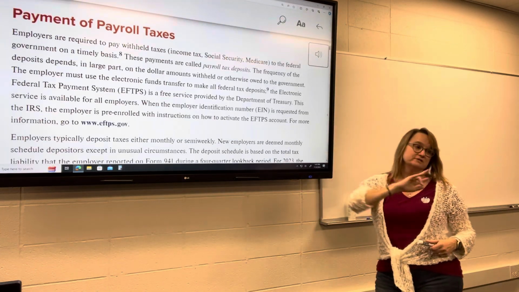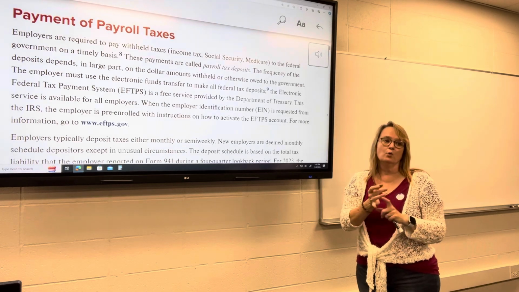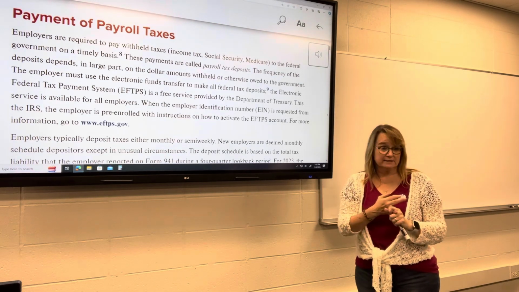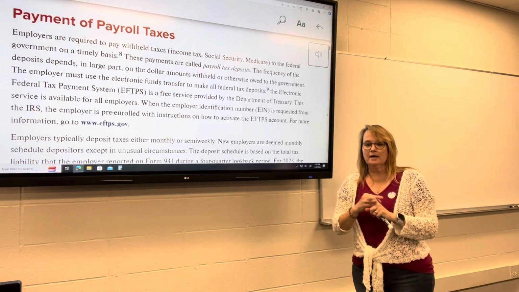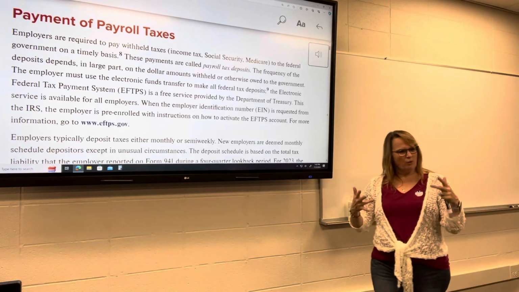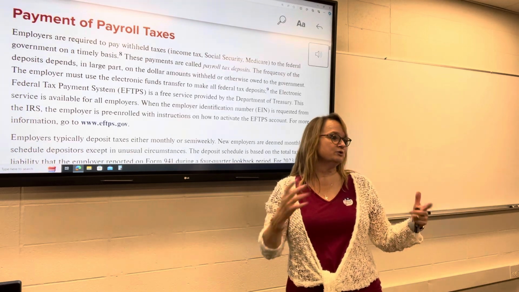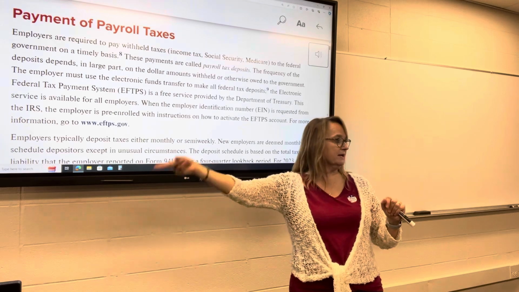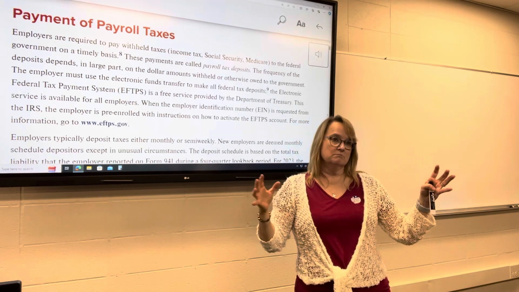So there are two different schedules that we need to talk about here, because there's the deposit schedule, when amounts are deposited, and then there is the reporting schedule, when they file the returns and report to the IRS what the taxes should be.